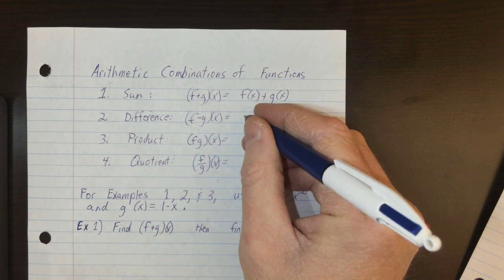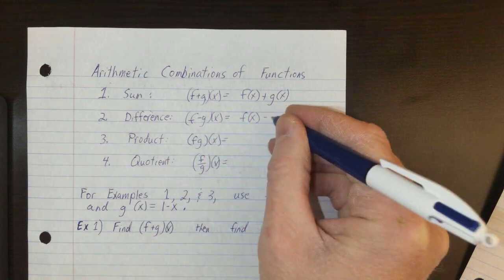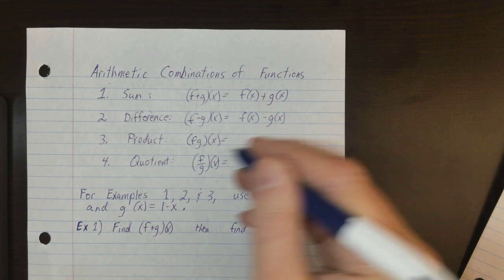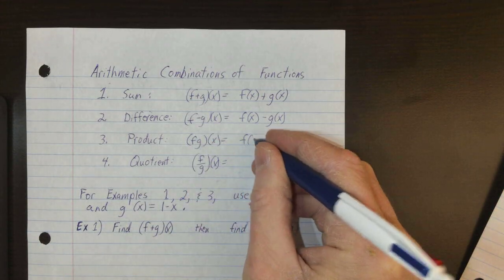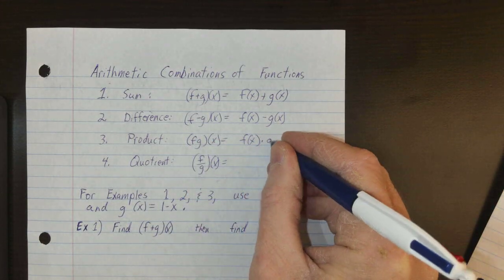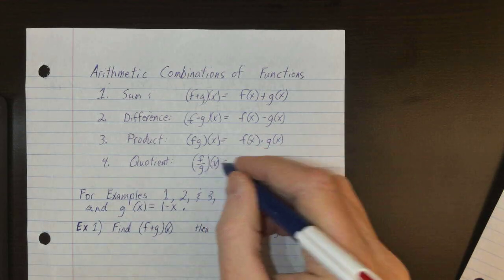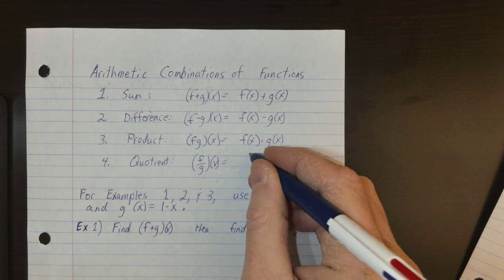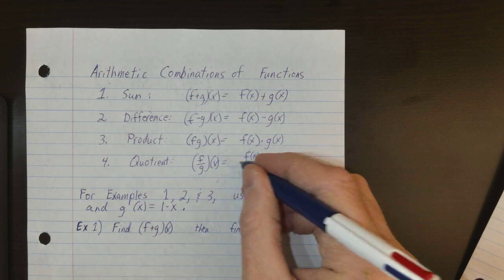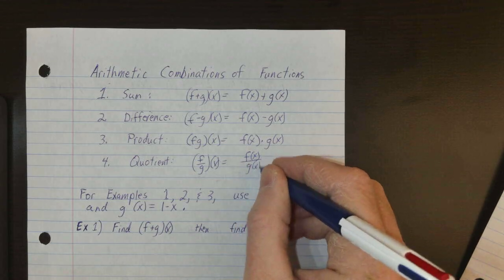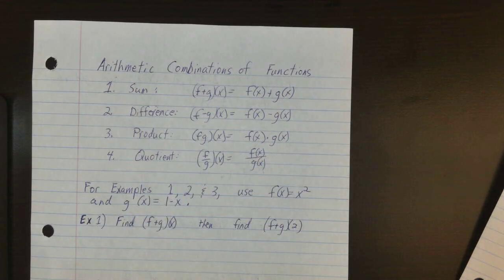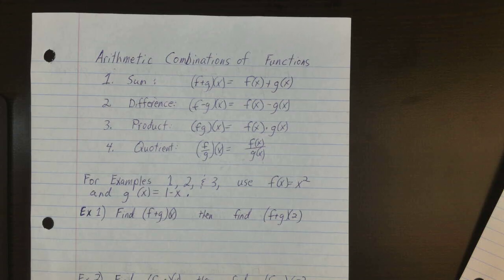F minus g of x is f of x minus g of x. F times g of x is f of x times g of x, and f over g of x is f of x over g of x. That's all you have to do, and that's all we're going to do to simplify these.